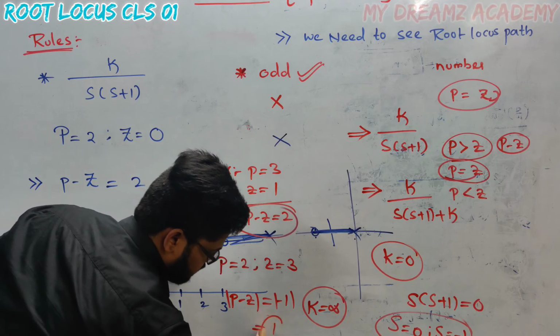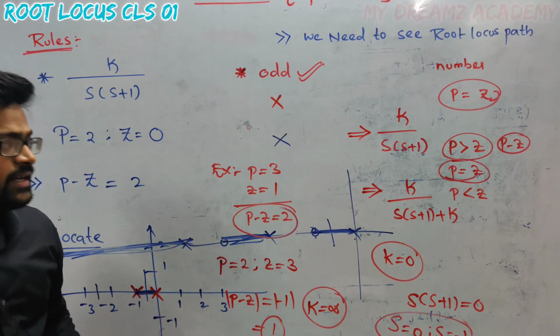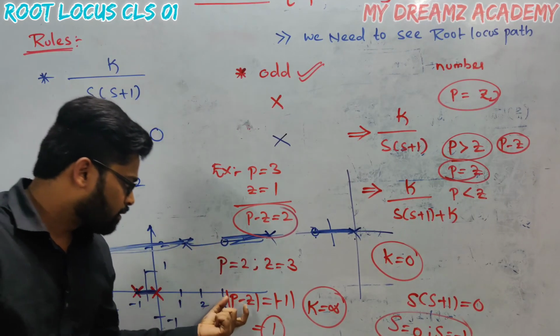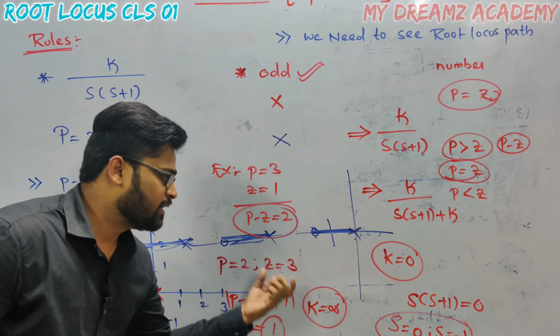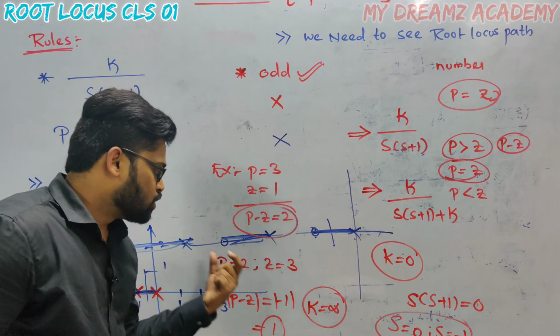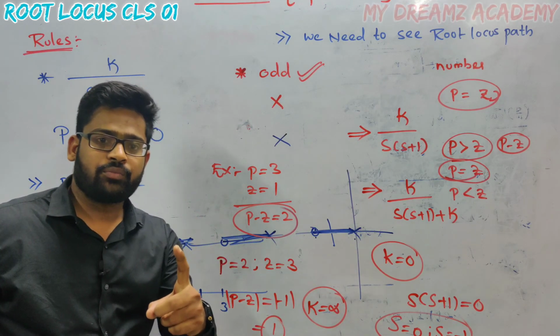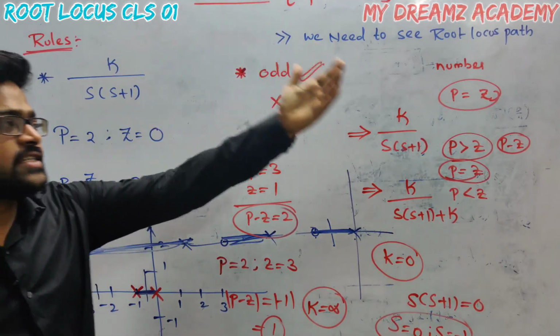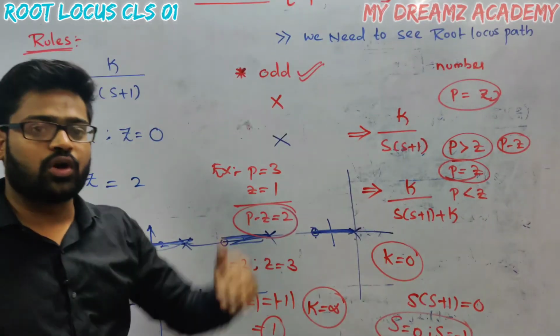It is clearly defined that if the P value is 2 and the Z value is 3, the number of zeros is greater than that of poles. So 2 poles reach 2 zeros. One zero is at infinity.